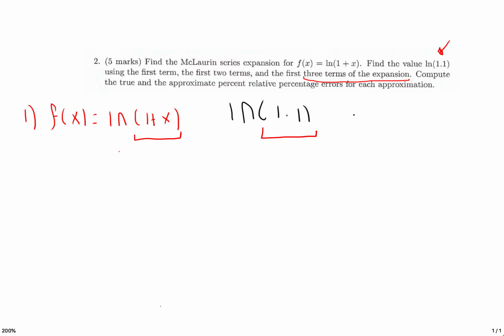So if you simply just do 1.1 subtract 1, we're going to see that we get 0.1 here. And if you look here, 1 plus 0.1 will give us the value of ln 1.1. So you can safely say that x is 0.1, and this is going to be very useful in determining the approximations. So that's the first step.